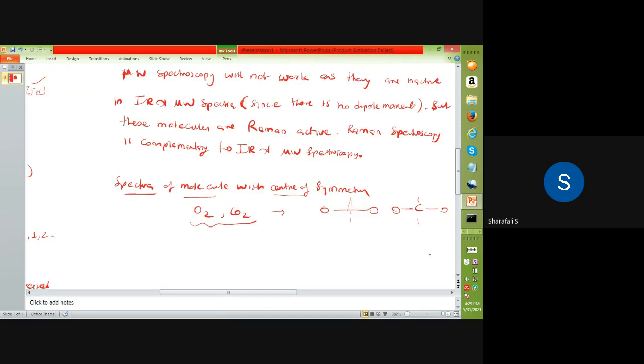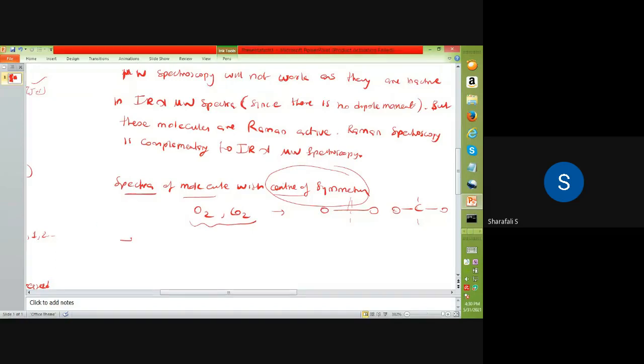For these molecules with a center of symmetry, there are two possibilities, because of the nuclear spin effect. First, the molecule should have a center of symmetry.